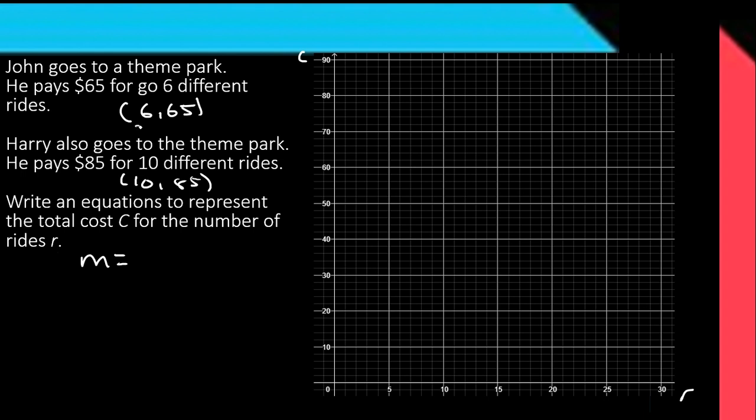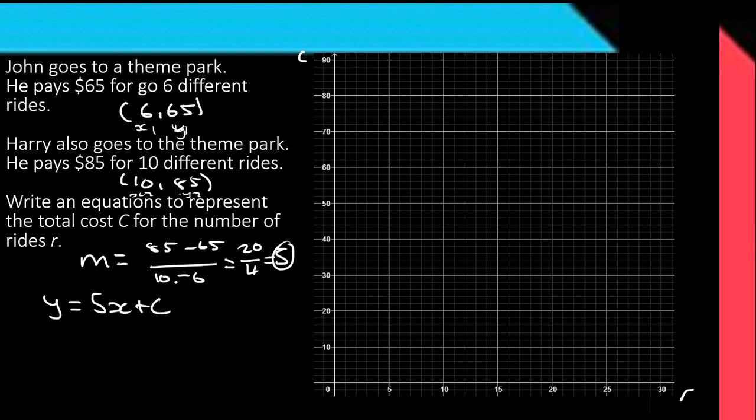So I could label them x1, y1, and x2, y2. So 85 minus 65 over 10 minus 6 becomes 20 over 4, which tells me that my gradient is 5. So y equals 5x and then plus c.